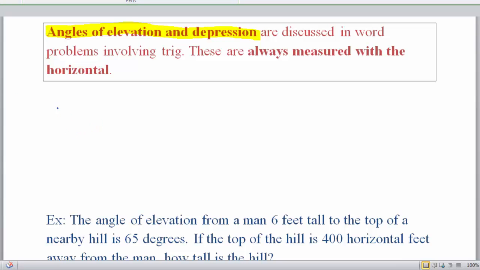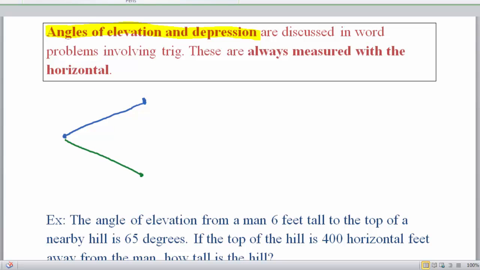So in other words, an angle of elevation or depression is going to be an angle from one point either up to another point or down to another point.